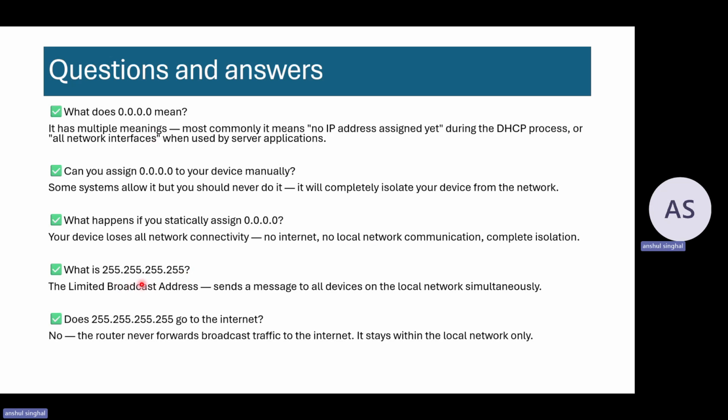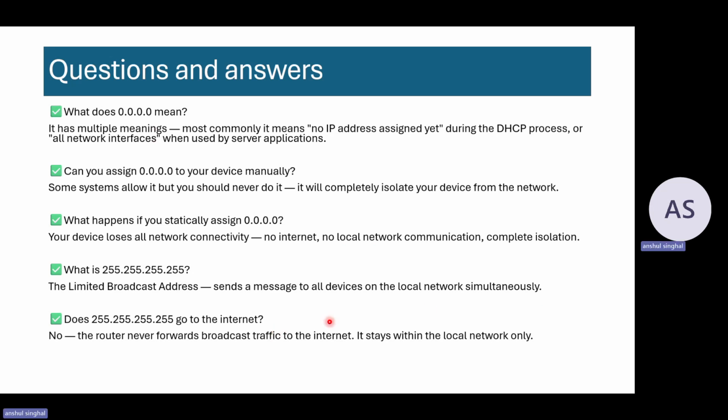But to shout over the network, it has to use the broadcast address. So 255.255.255.255 is called the limited broadcast address because it is a mechanism to send a message to all the devices on the local network simultaneously.